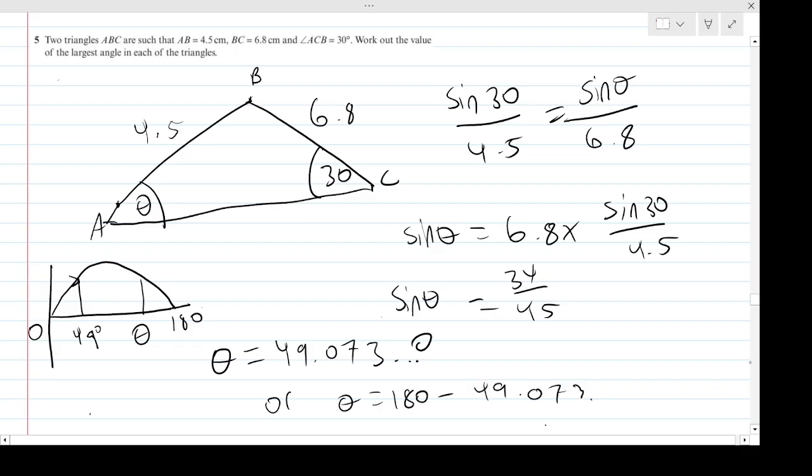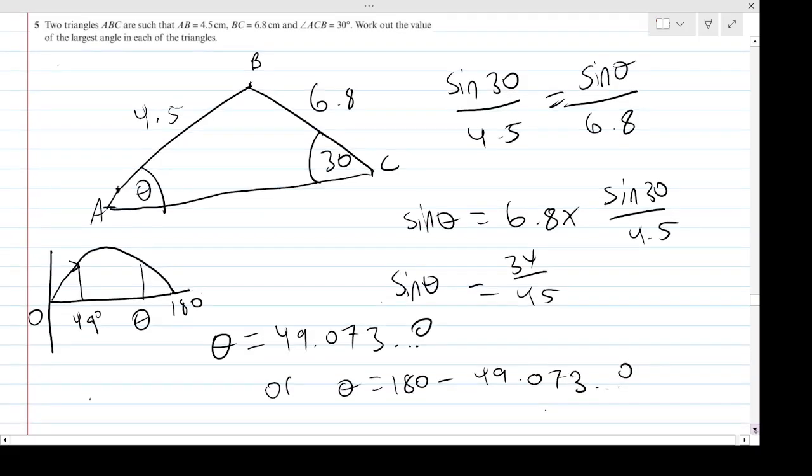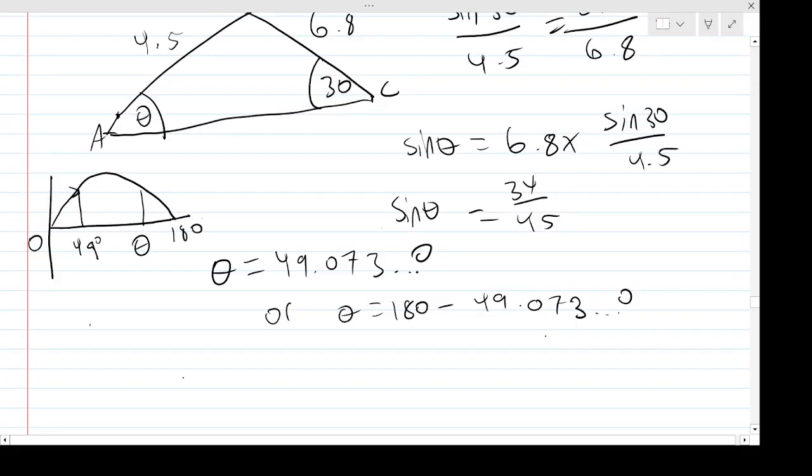Okay, 180 take away that, remember, it will always be 180 take away that first solution, but the sine graph helps me to visualize that. So if we work that out, then 180 take away that answer, I get 130.926 degrees. So I've got two possible solutions here.